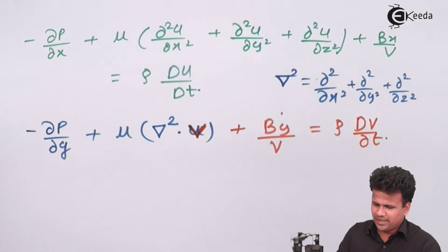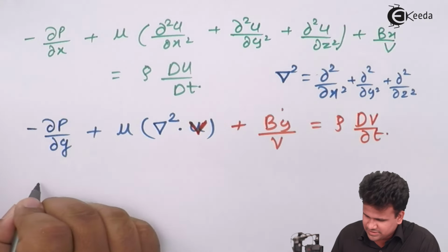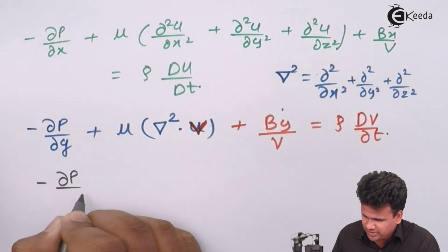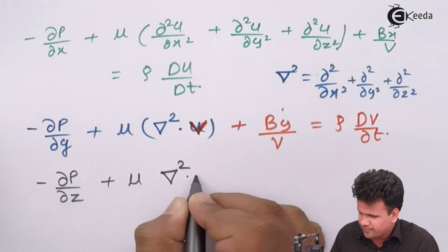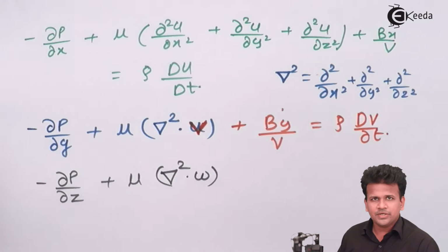And at the last part we can write along z direction, so that is minus of dou p by dou z plus mu into del square into w.